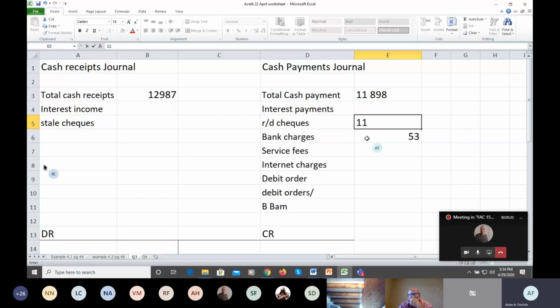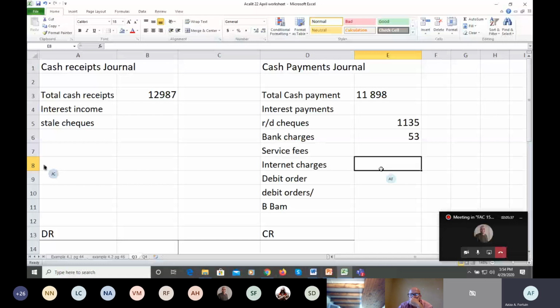Interest on bank overdraft amounts to 128. So here's our interest payments, we're going to slot in 128 Rand. A direct deposit to the amount of 450 made by A. Atkinson, for rent. Remember, I had one that said for rent earlier, no?